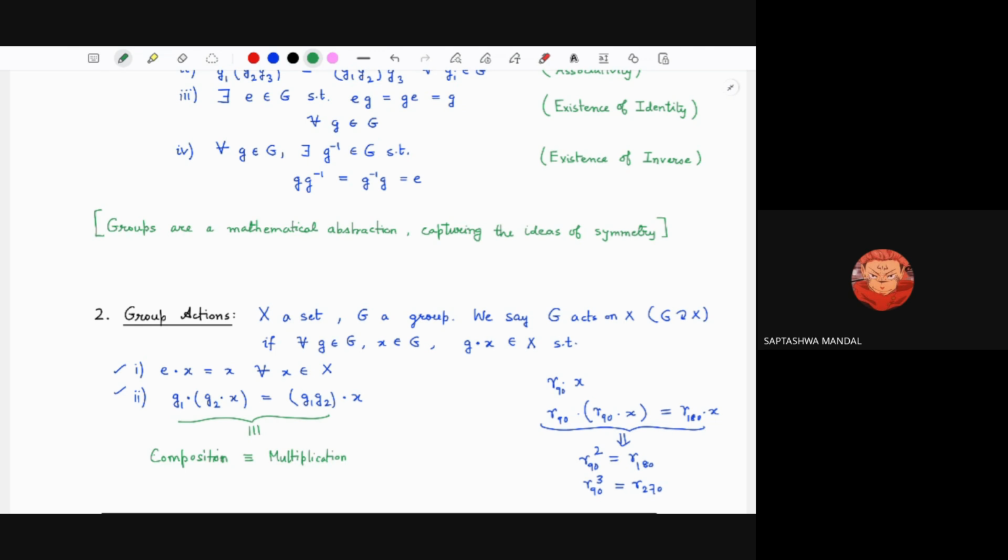I believe these two are quite natural conditions, and there's no other condition. So this is what is called a group action. Again, I did not want to describe group actions and groups too much, but I thought this was a nice place to introduce a little bit of it, just these definitions.